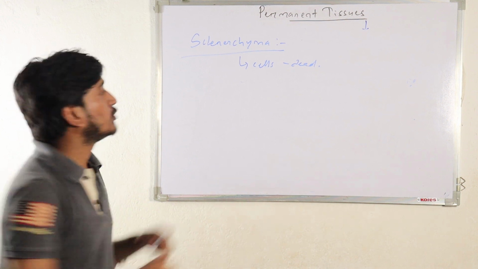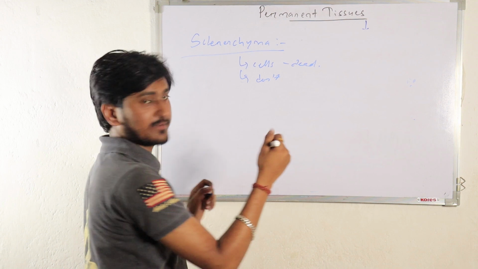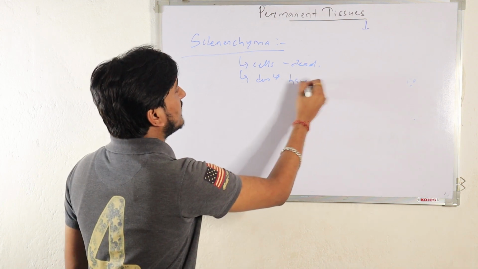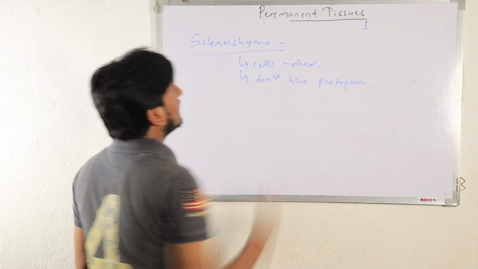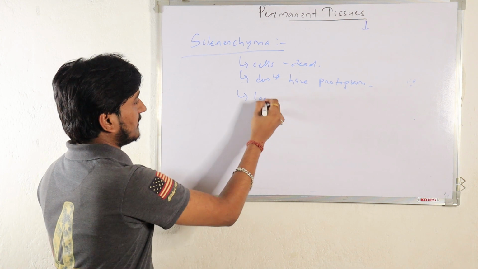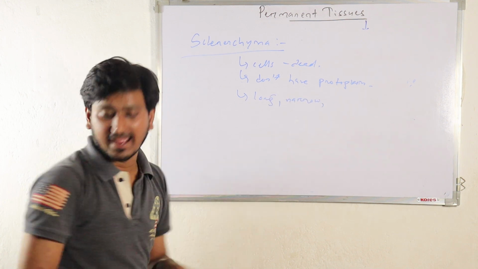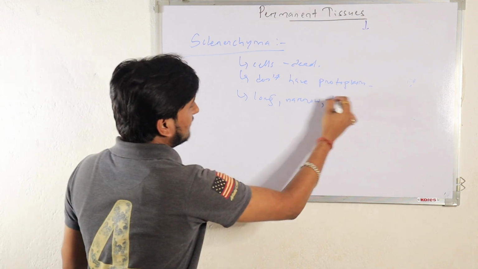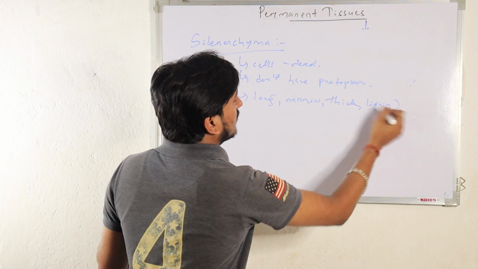Okay, and they do not have protoplasm. As you know from the cell chapter, protoplasm is the living component of the cell. So this kind of cells do not have any protoplasm in them. The cells here are long and narrow, and they are very thick due to lignin.